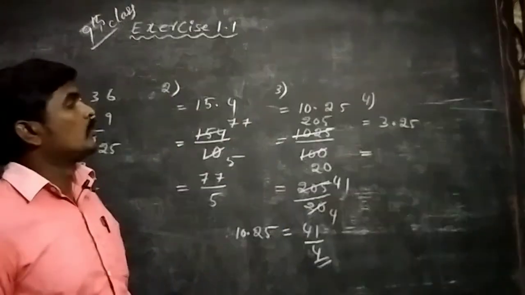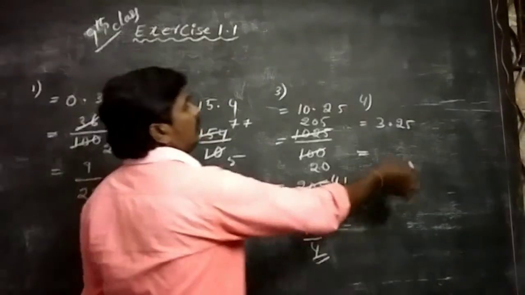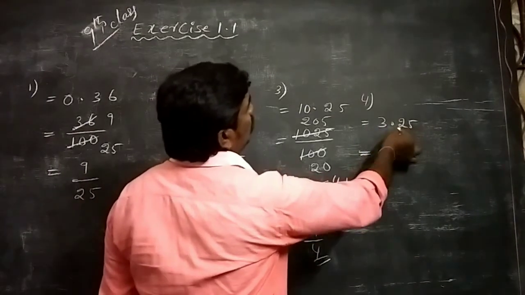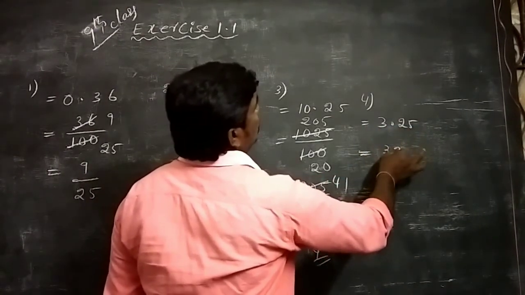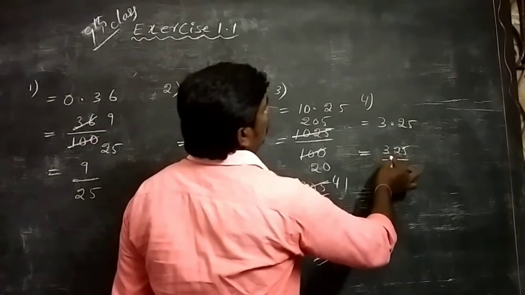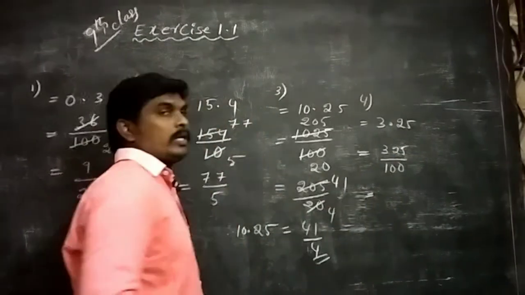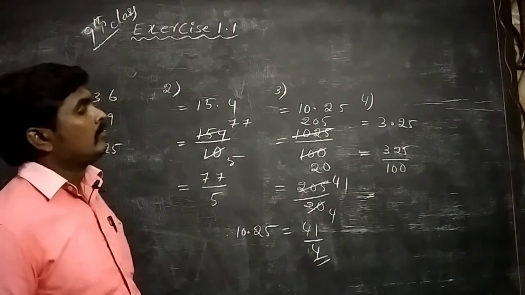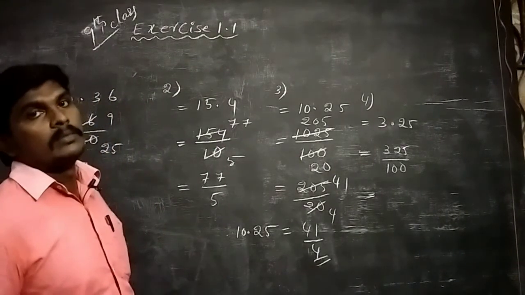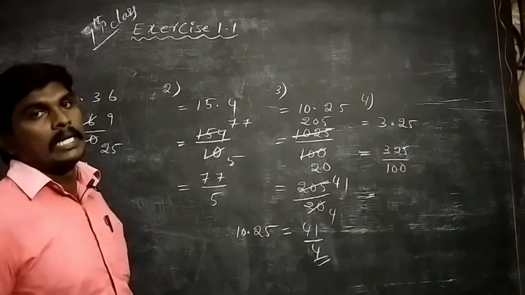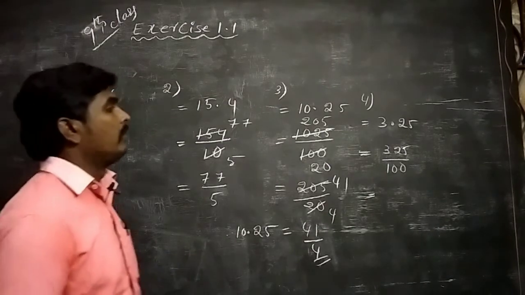Okay, 3.25. Here after the point 2 digits are there. So 2 digits means we will get 325 by 100. Directly I am telling 325 by 100. Now the numerator is divisible by 5 and the denominator 100 is also divisible by 5.